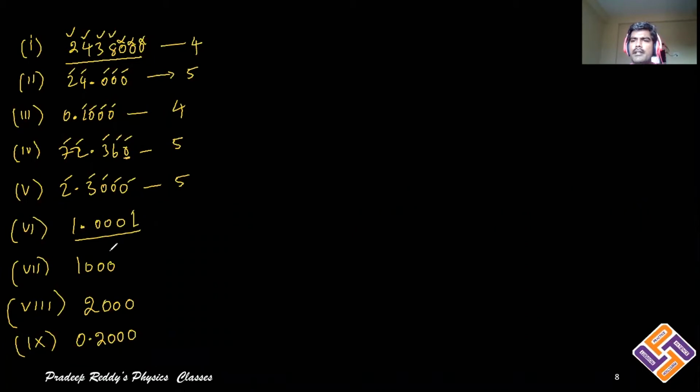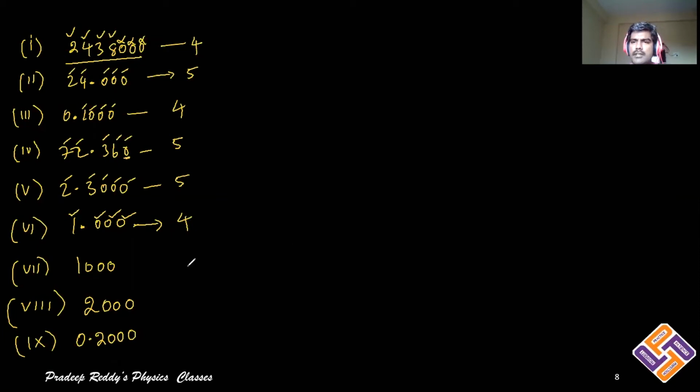Obviously, this will be greater than 1, is it not? Therefore, even though it is 1.000, you need to count this as greater than 1 and you need to count these 3 zeros as significant. So the number of significant figures is 1, 2, 3, 4. 4 significant figures.